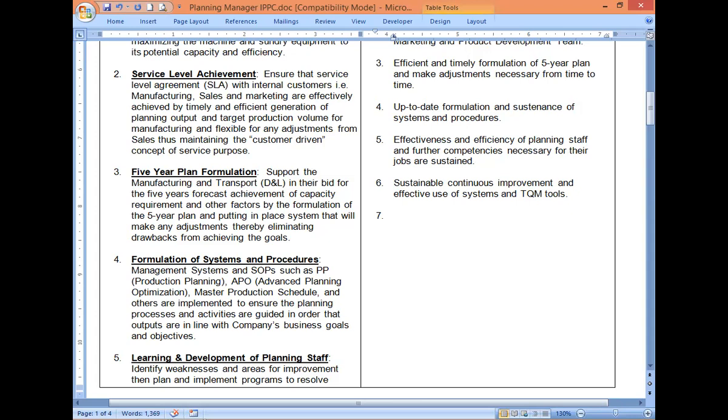Okay. So it must be consistent. Consistency is achieved in close coordination with those functions, marketing, manufacturing.